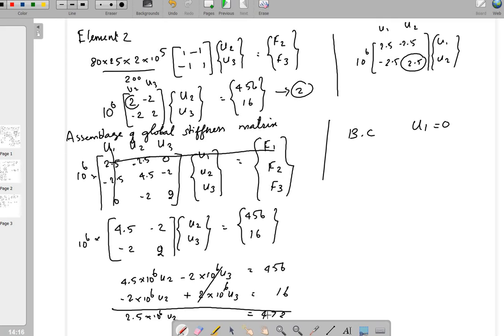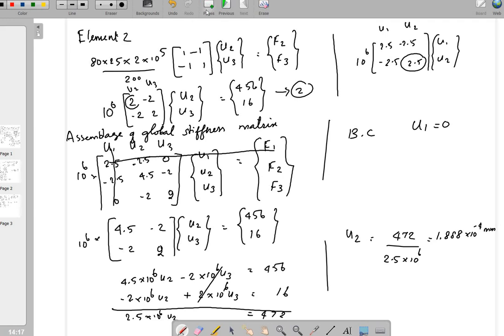So 2.5 into 10 power 6 u2 is 472. You can get the value of u2 as 472 by 2.5 into 10 power 6, which is the displacement. What is the value? 1.88 into 10 power minus 4 mm we are getting.